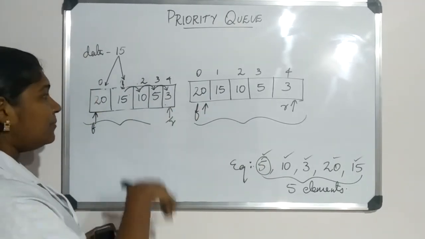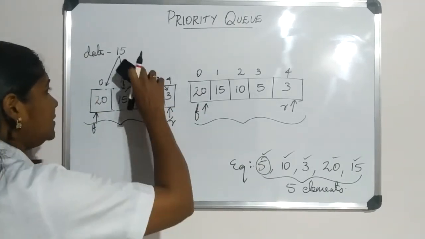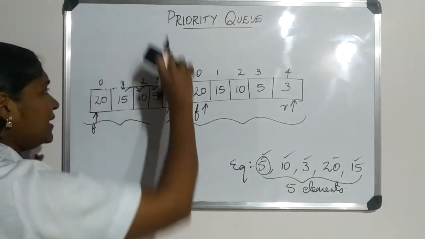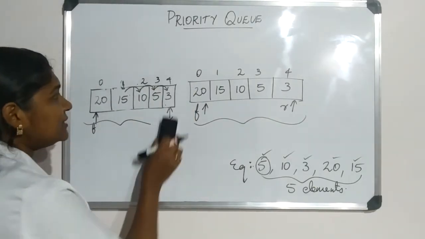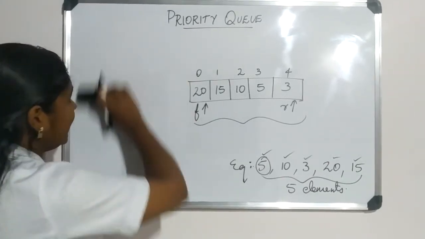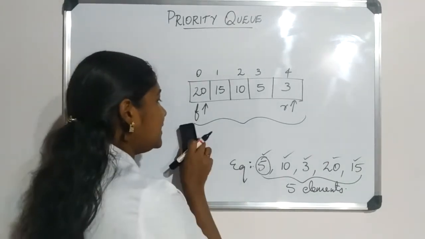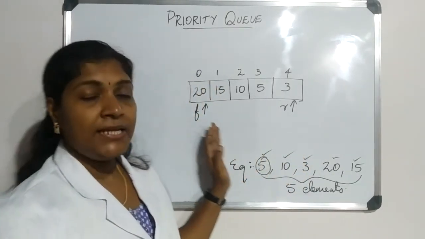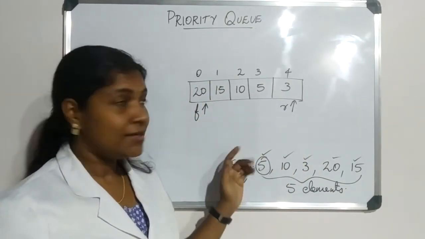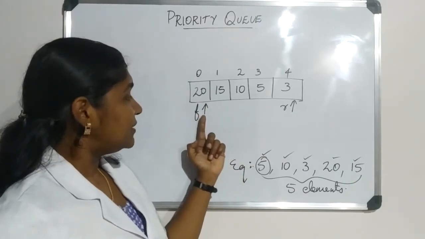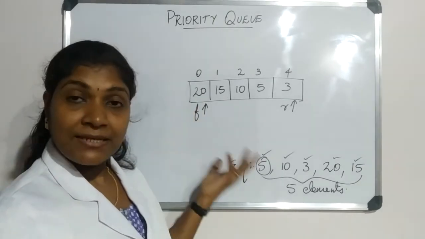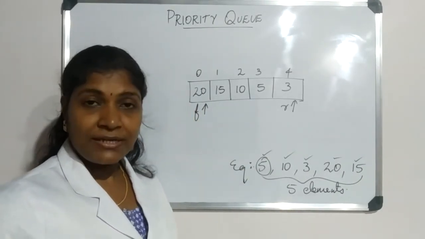And on performing our DQ operation in this queue, is there any special method we need to apply? No need, right? Because our array is already arranged in descending order, that is, based on the priority of the elements. So if we perform the DQ operation in the normal method, the element to which the front end is pointing will get deleted first, and that itself is the element with the highest priority in our array.